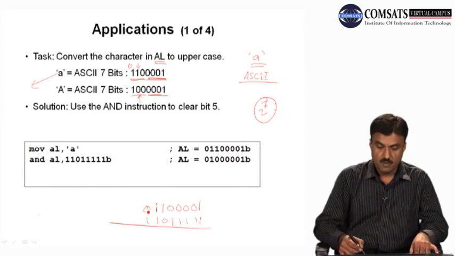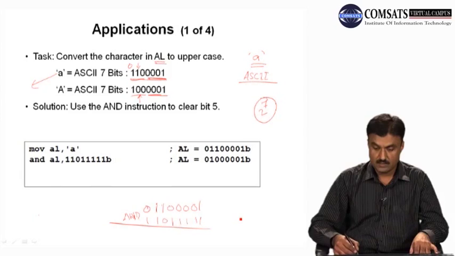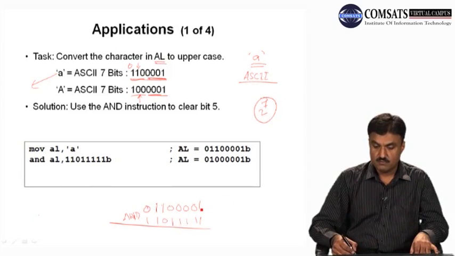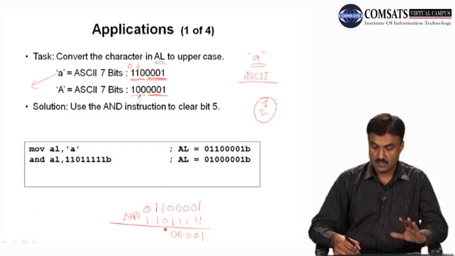If I perform the AND operation, all these bits will be unchanged, only this bit will be reset. If it is already 1, it will become 0, and the rest will stay the same.